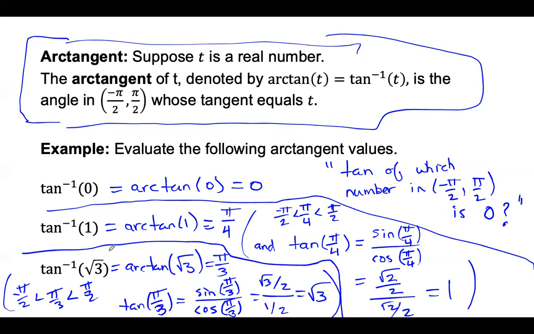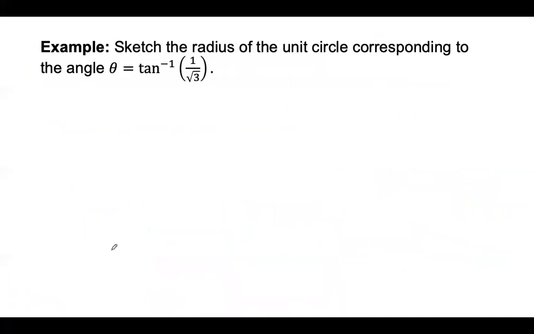Draw some lines. Okay, so sketch the radius of the unit circle corresponding to this angle. Let me start writing it for you. Tan inverse of 1 divided by square root of 3, this is just the arctan of 1 divided by square root of 3.